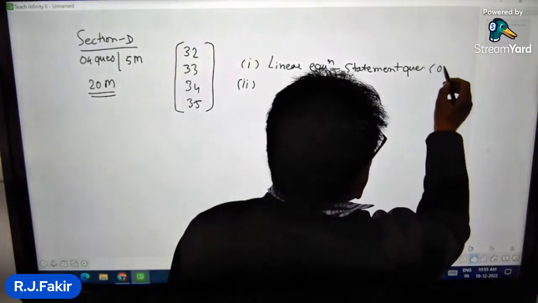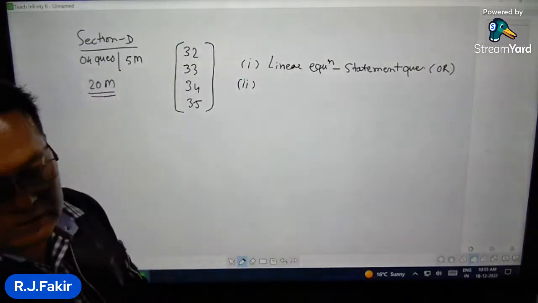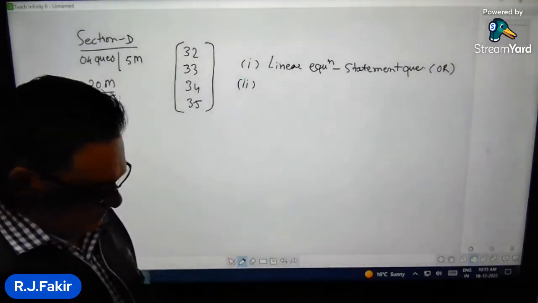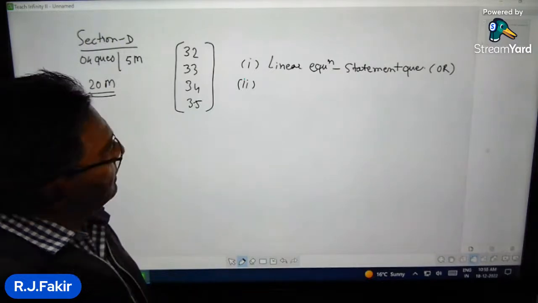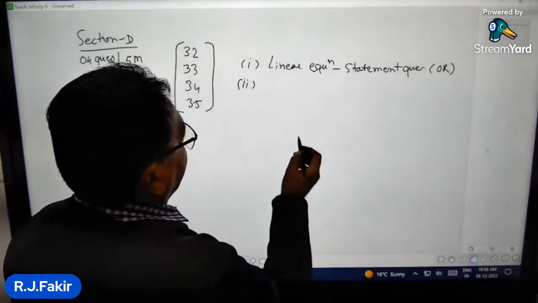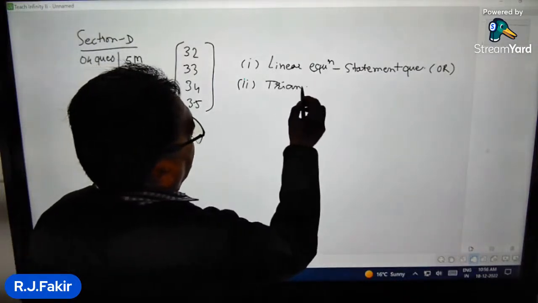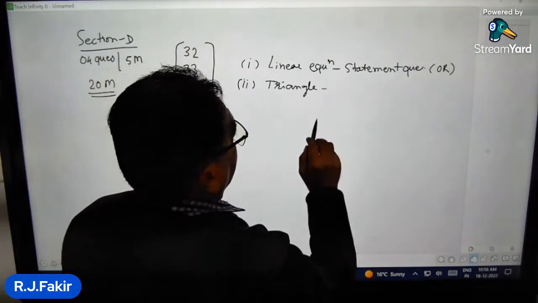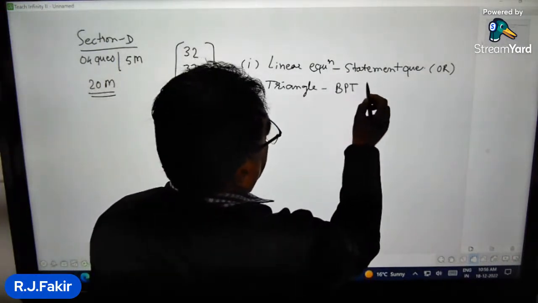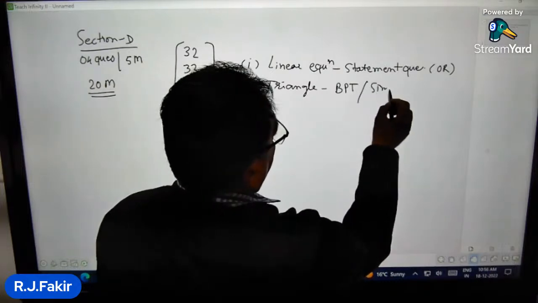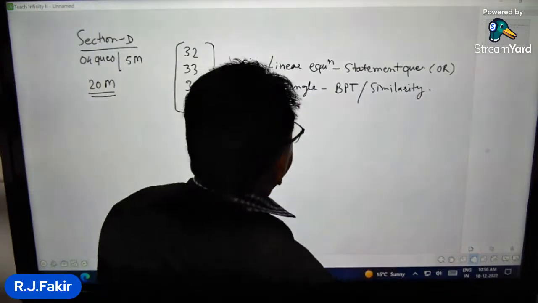That means you will get 2 statements, out of that, one you have to attempt. One question you will get from the triangles chapter, that is similarity, BPT or similarity.